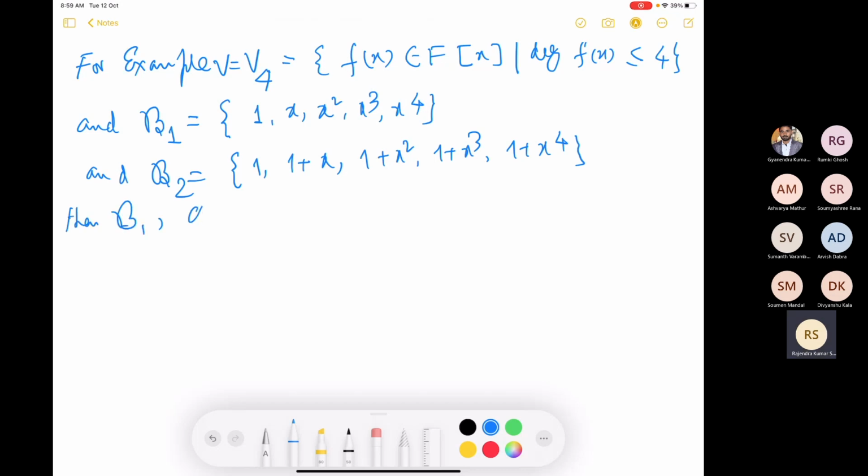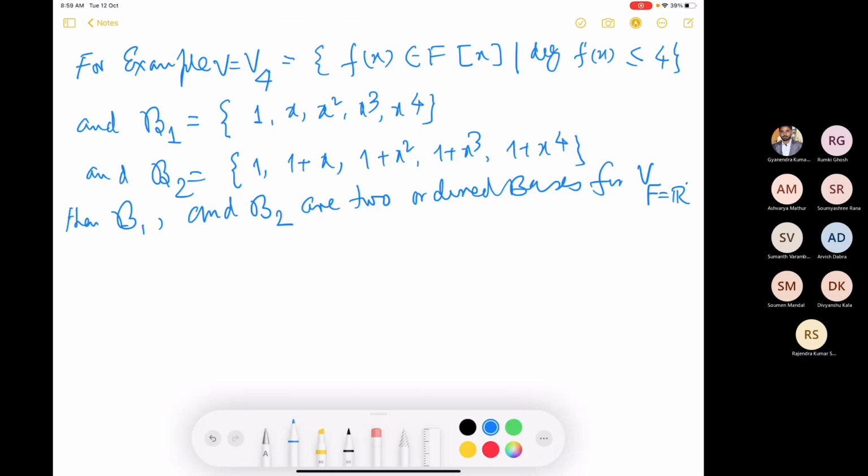Then B1 and B2 are two ordered bases for V over F. F you can take as R. And let us take Vi to be x power i minus 1.